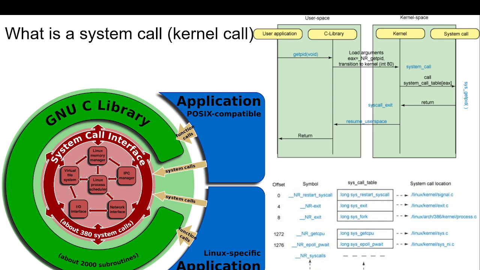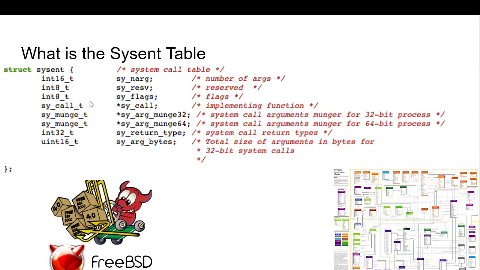So within the sysend table, sysread is actually just a memory address. The sysend table is just an array of pointers, so it has a whole bunch of different pointers to the memory addresses of different functions.